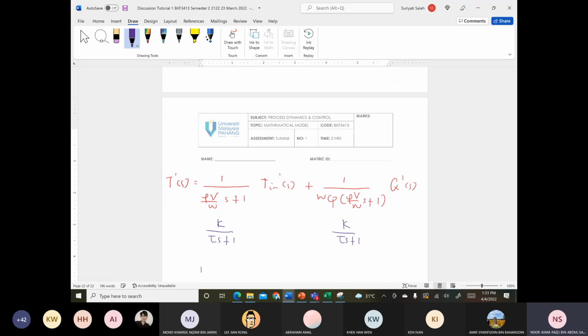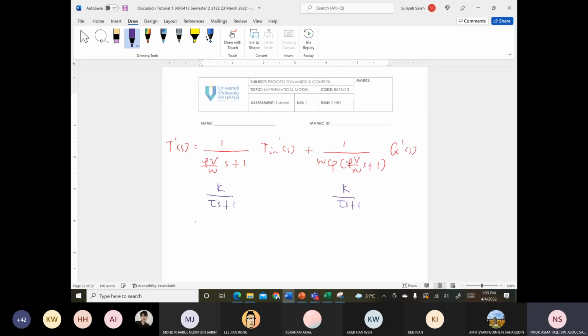So based on this, I can say that here the K equals 1, the tau equals rho V over W. And the second one, K equals 1 over WCP, the tau equals rho V over W. Alright. So it represents the first order transfer function. Any question?